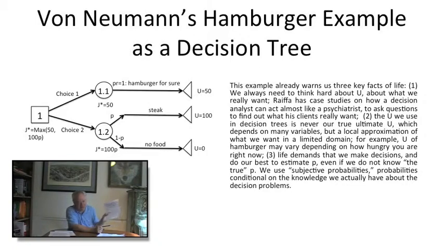In practice, whenever you solve a real-world decision problem, you're focusing on a narrow domain where you can simplify things, and you have to make up your mind what you want now in this domain. It's not your total utility function, it's something simplified and approximate. And all of life is full of these kinds of approximations.